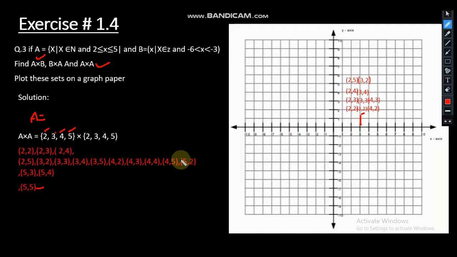4, 3, 4, 4, 4, 5, 3, 5, 4, 5, 5. These values are all plotted in the first quadrant, because these are positive on the x-axis and also positive on the y-axis.